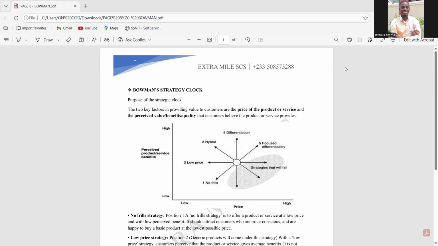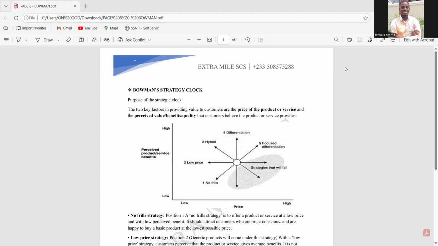All right, so today we are going to look at another framework or strategy which was developed by Bowman. Bowman is saying that there are not only three strategies that entities can employ in order to gain competitive advantage over their competitors, as Michael Porter proposed.